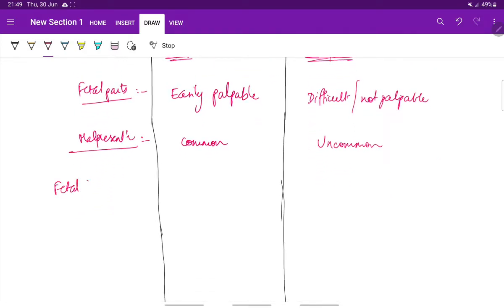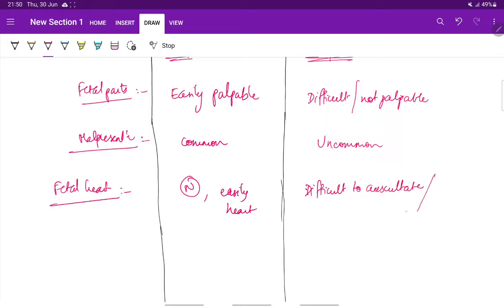Fetal heart. Fetal heart is usually normal and the fetal heart rate is easily heard in placenta previa, whereas in abruptio placentae it is difficult to auscultate the fetal heart sounds, or they can even be absent.